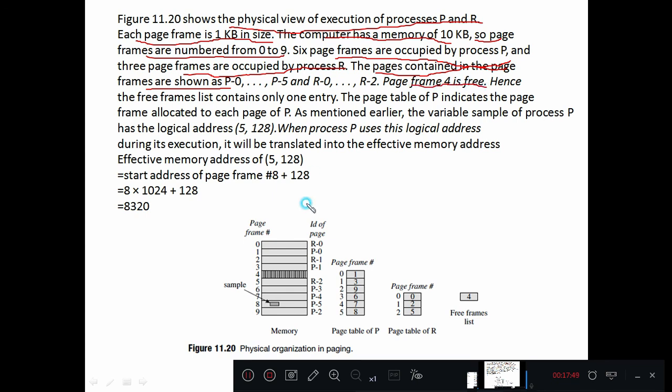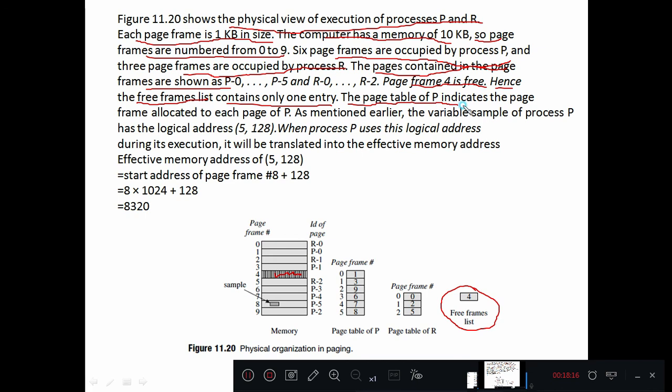Page frame 4 is free, right? It is not allocated by the kernel to any process, because initially it might be occupied by some other process. If that process completes its execution, that particular space will become free. Hence, the free frames list contains only one entry, that is 4.